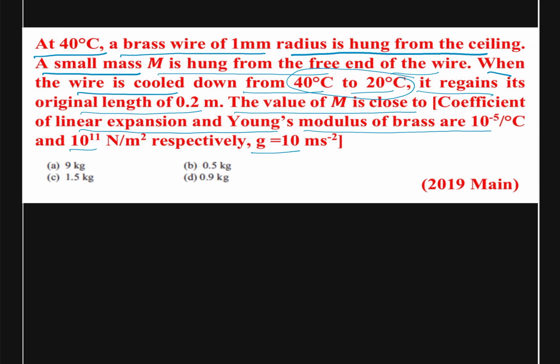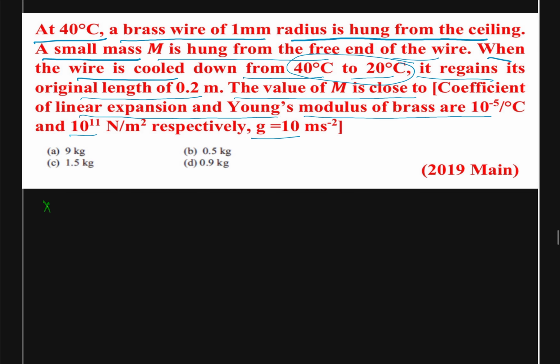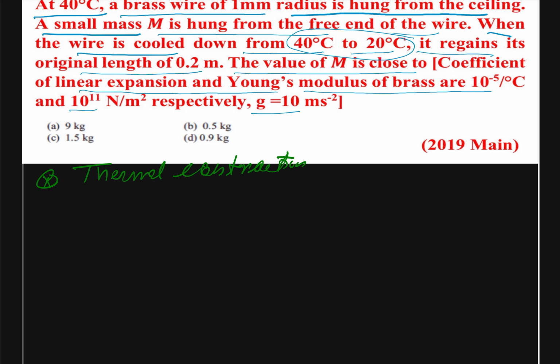These two will be balanced by each other, and that is going to solve for our mass M. So we have our thermal contraction, and thermal contraction will result in a change in length.